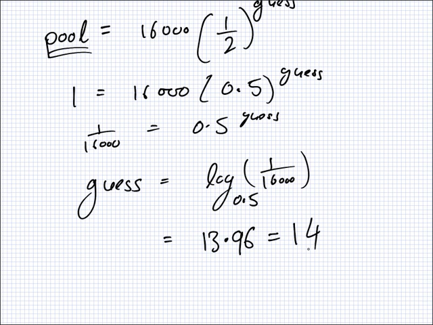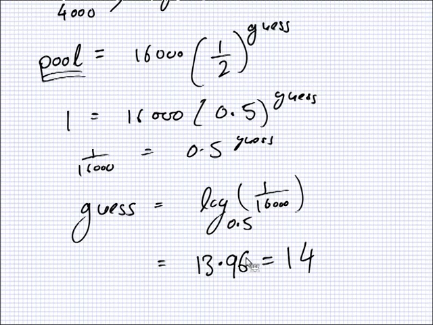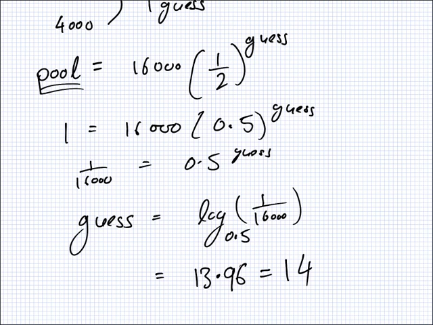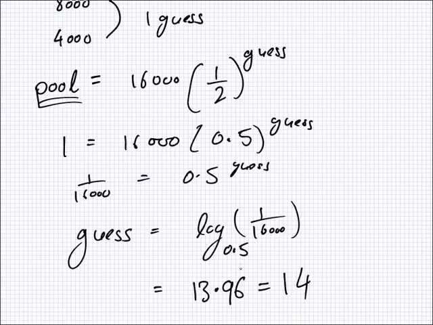So can we use trial and error for solving? If in the exam we forget to do all this, can we just use trial and error? Oh, maybe. But try not to forget. So 14 guesses, because you can't make 13.96 guesses.